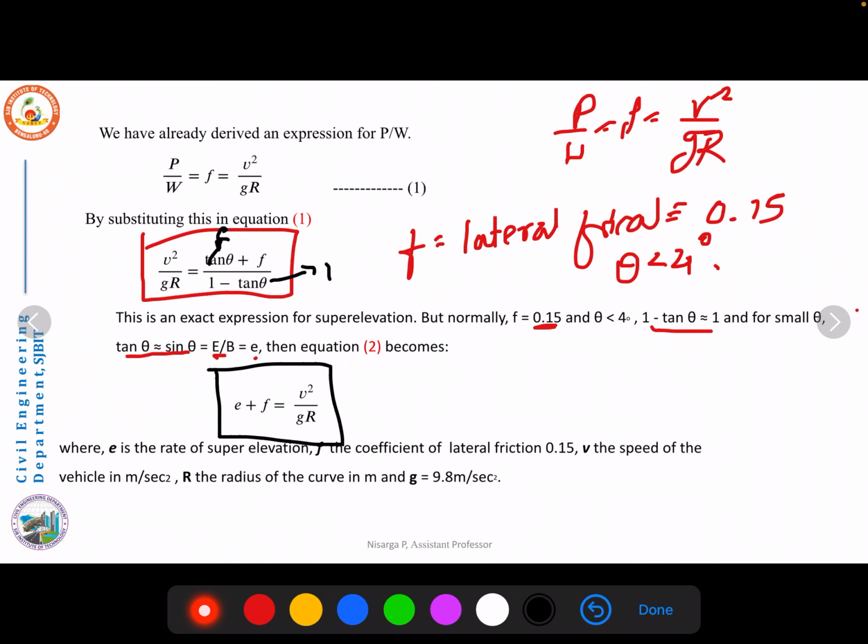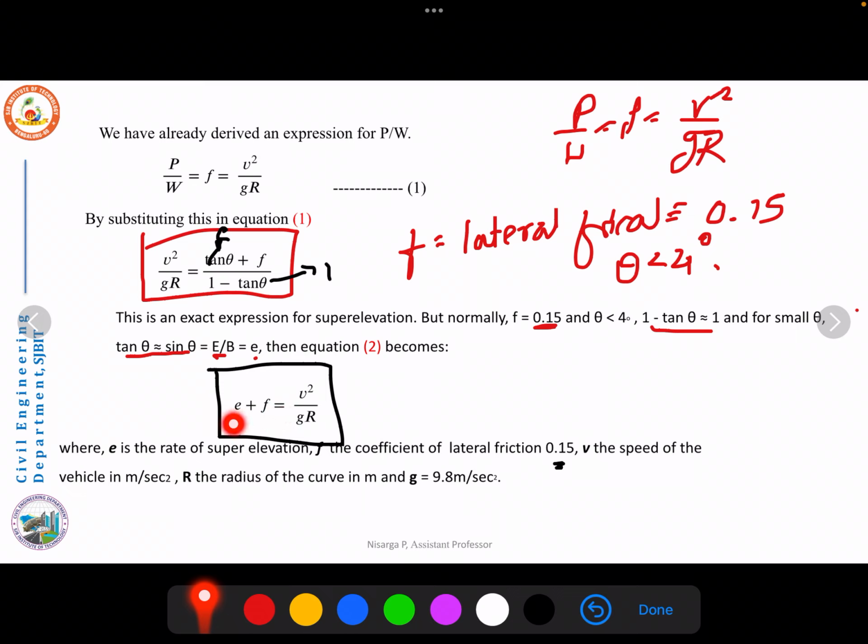Here E is the rate of super elevation, F is the coefficient of lateral friction, that is 0.15, V is the speed of the vehicle in meters per second, R is the radius of the curve, and g is the acceleration due to gravity. We can take the value as 9.8 meters per second square. This expression will be used when we design the super elevation.